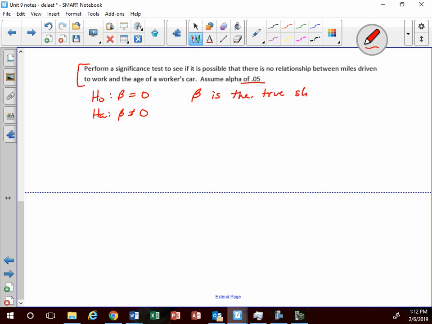Okay, the true slope of the regression line predicting car year from miles driven to work.